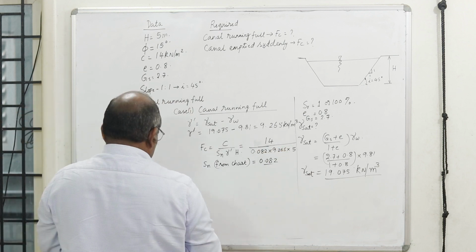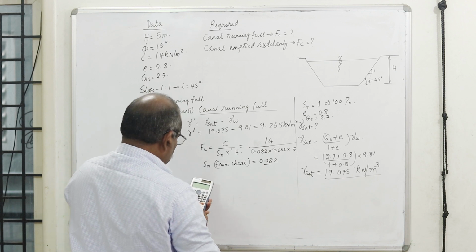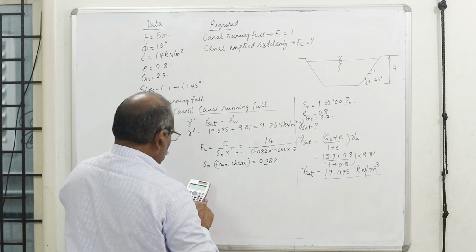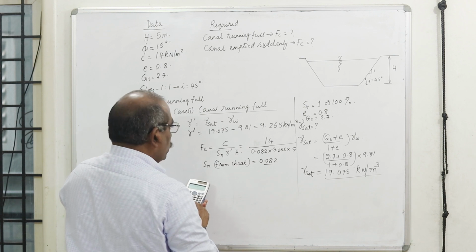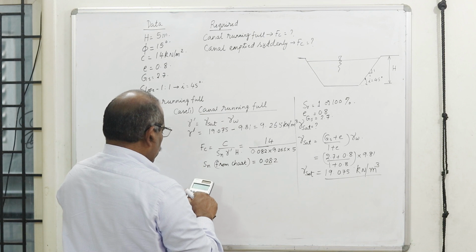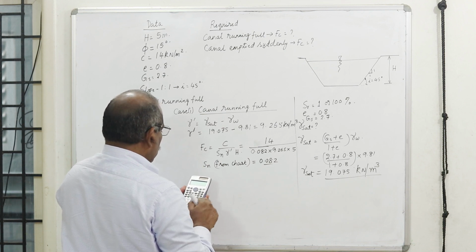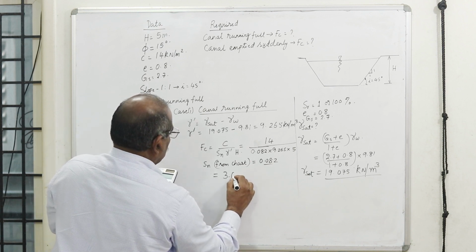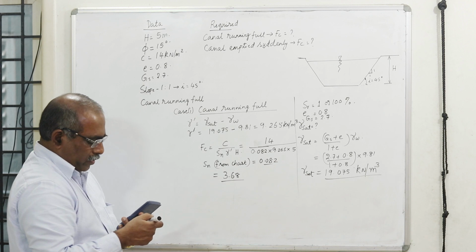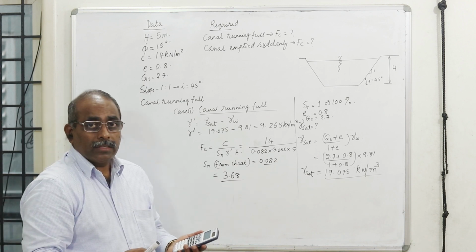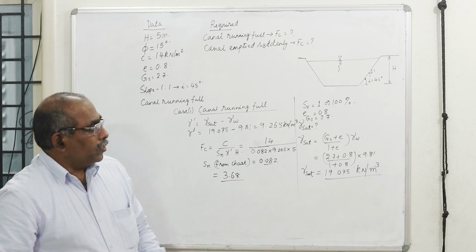When I do the calculation, 0.082 into 9.265 into 5, I take 1 over x into 14, I get an answer. Factor of safety is 3.68. Now see the beauty. Understand a very important thing: the factor of safety is very high. It's a very good thing. Now let us go to the next condition.